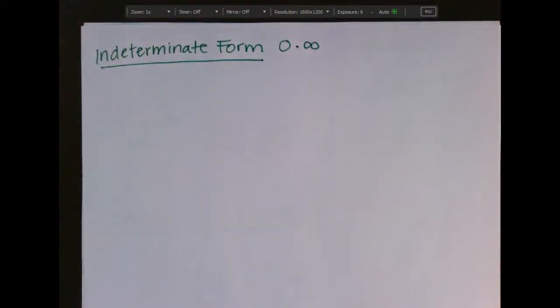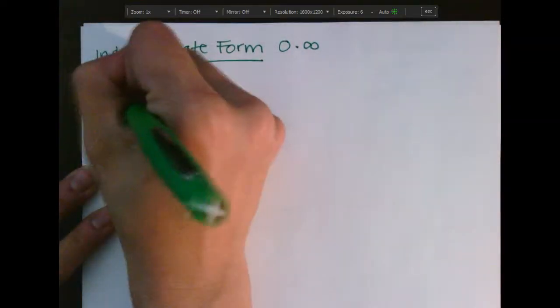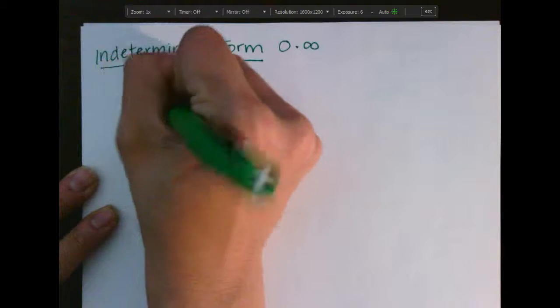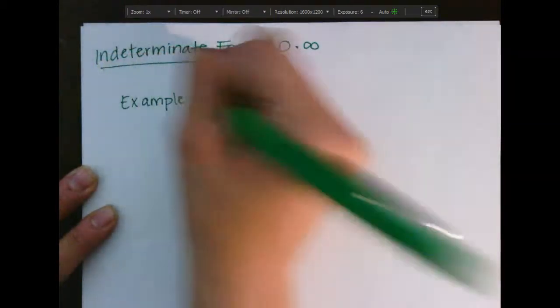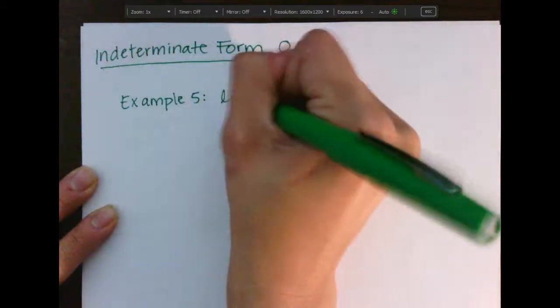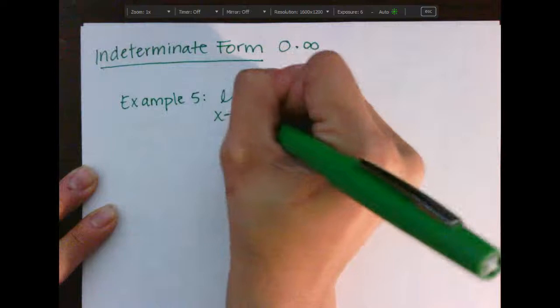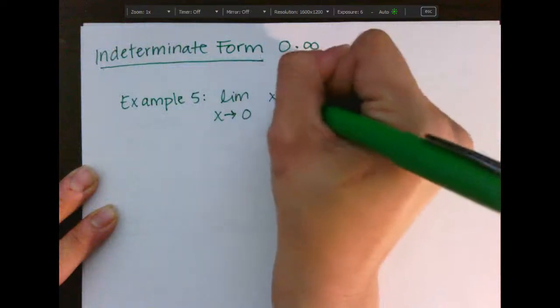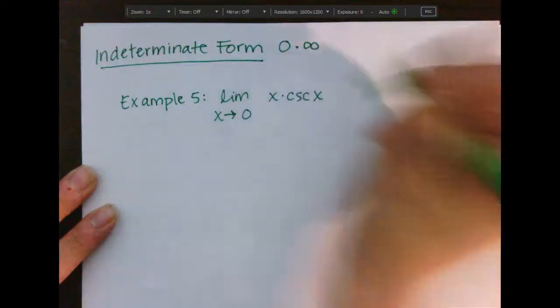Alright, so let me show you an example of 0 times infinity. Let's say we're trying to find the limit as x approaches 0 of x times the cosecant of x.